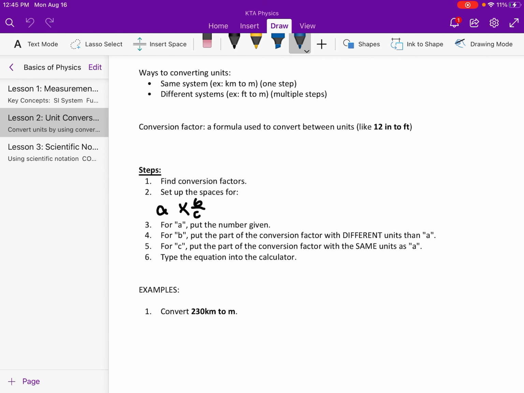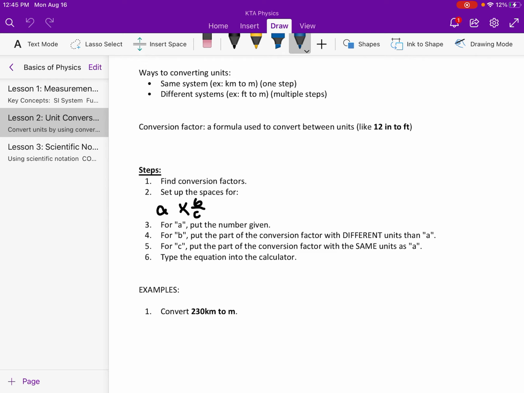There are different questions that you might be asked. If it's in the same system, maybe the SI system, like converting kilometers to meters, that's where you use the 10 to the power things, and it's not as many steps.